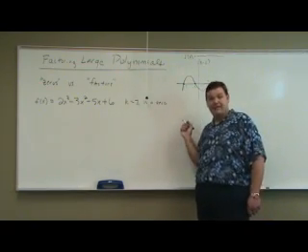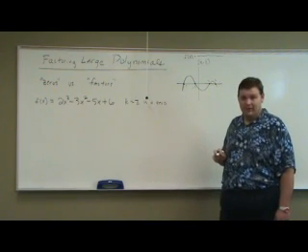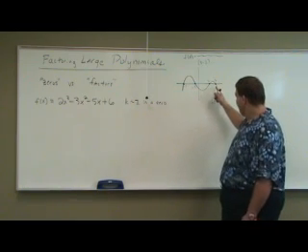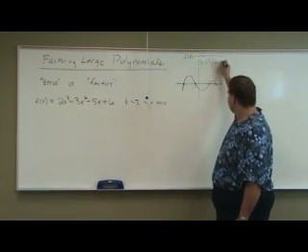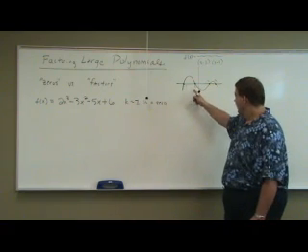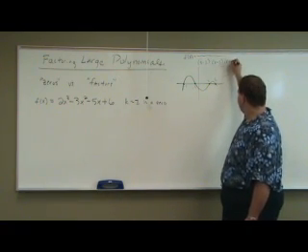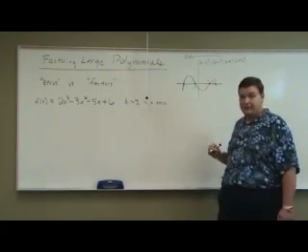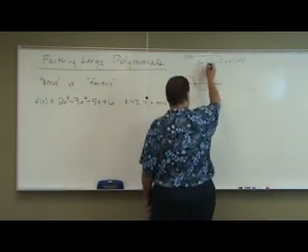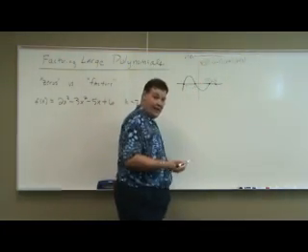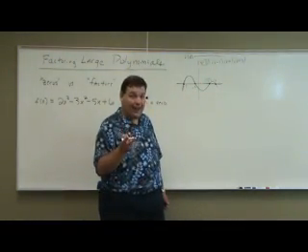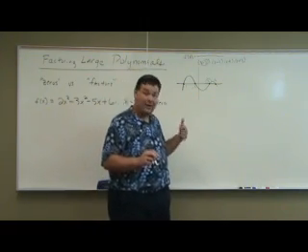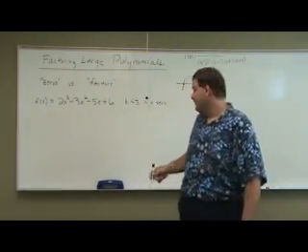Because remember, you set factors equal to 0 to find out where the x-intercepts are. Well, if you set that equal to 0, you get positive 2. If it has a zero at 3, one of its factors is x minus 3. If this is a zero, that means you got a factor of x plus 1. If this is a zero, you have a factor of x plus 3. So the number in the factor and the number that's the actual zero or x-intercept are backwards. So keep that in mind, just remember that, because that concept will be kind of inferred throughout these lessons.